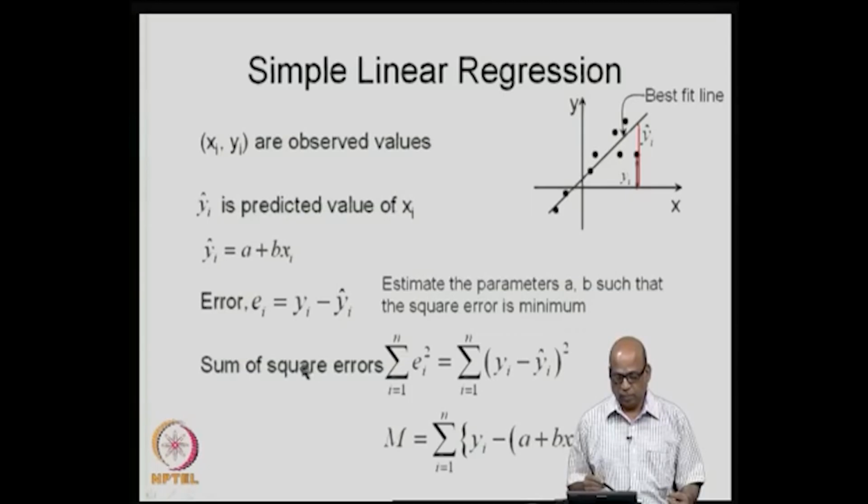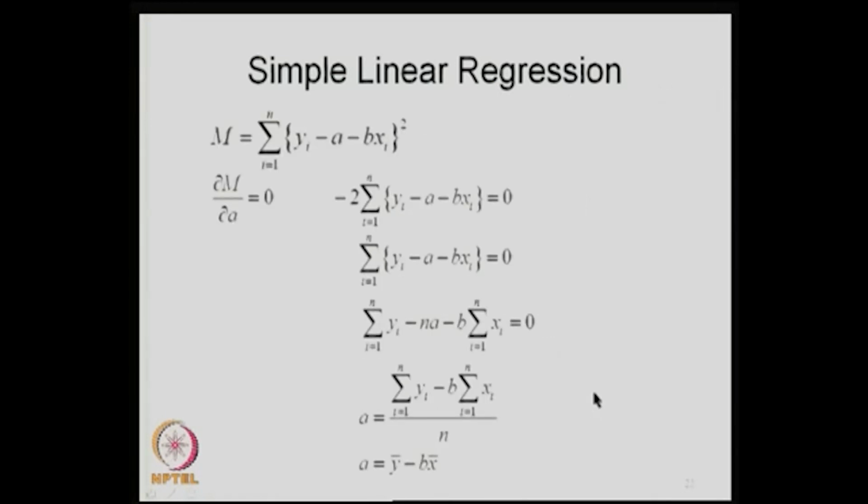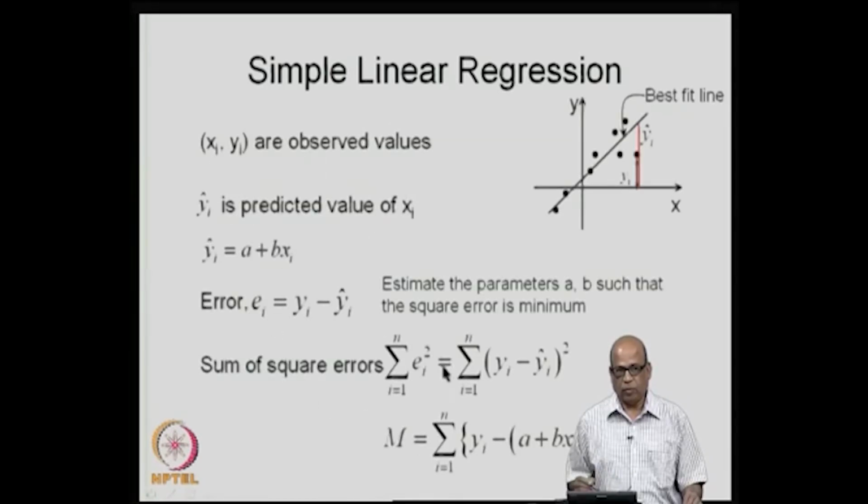So, we consider the sum of the squared errors, i equal to 1 to n, of the error squared, which is y_i minus y_i cap squared, that is, y_i minus (a plus b x_i) the whole squared, and we simplify that. We are interested in getting those parameters a and b which will minimize this sum of squared errors.